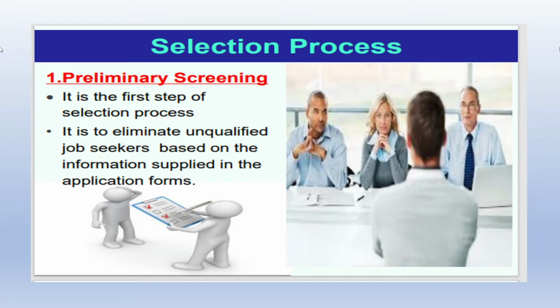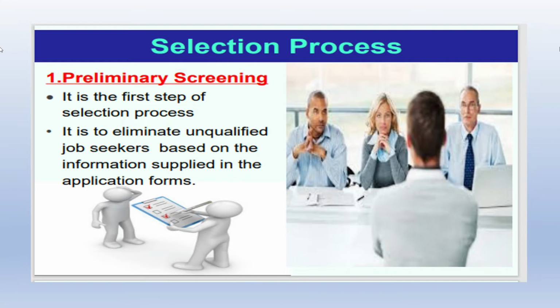It is the process followed to identify and choose the best person from the number of prospective candidates who apply for the job. It involves conducting a series of tests and interviews. Each step of selection process aims to eliminate the candidates with lesser potential and finally select the right candidate.